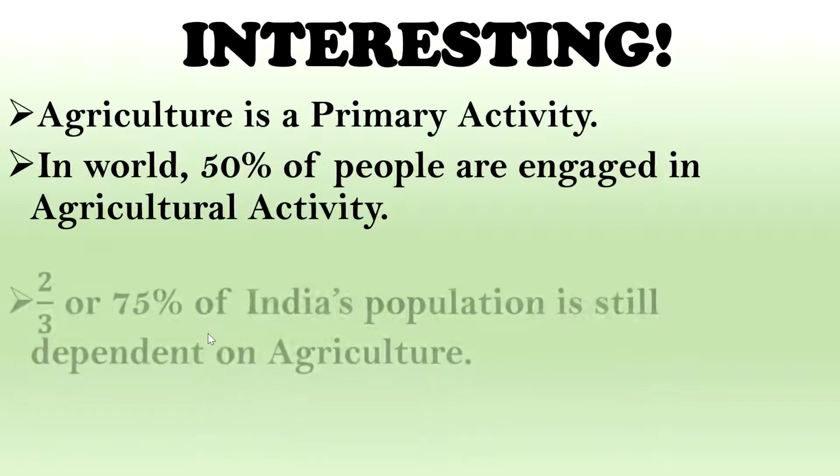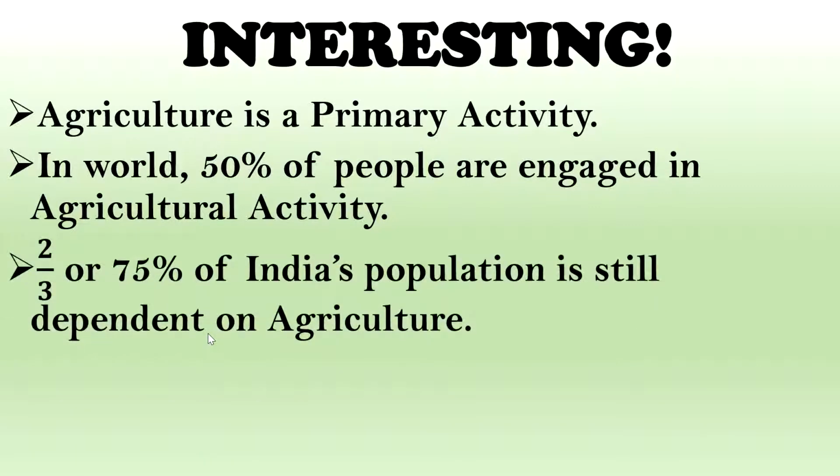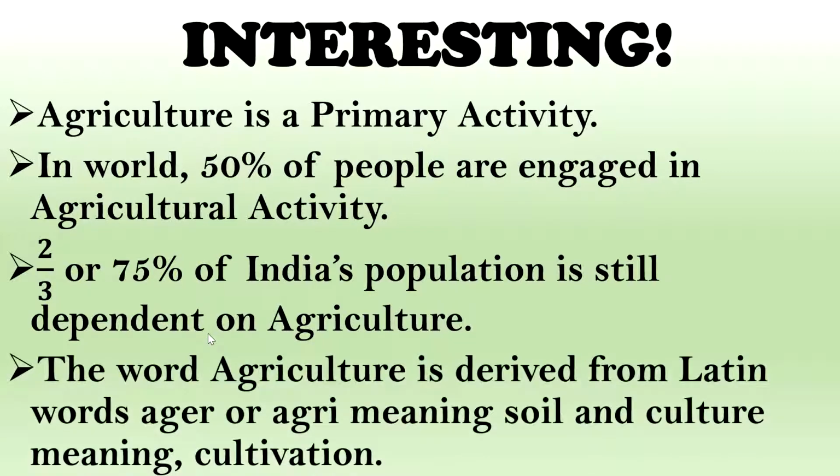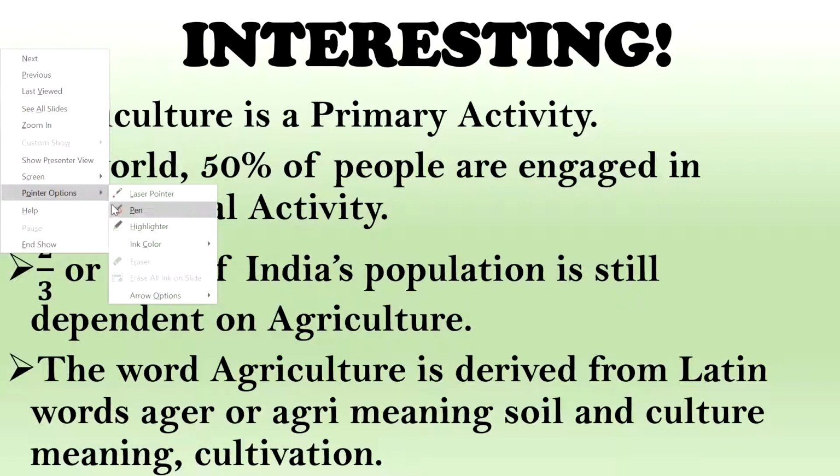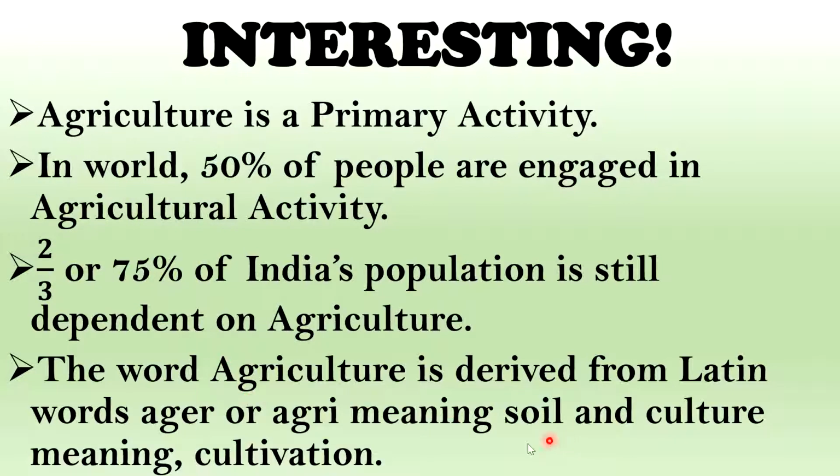Then, two-thirds or 75% of India's population is still dependent on agriculture, which is really very much. And the word agriculture is derived from the Latin words ager or agri, which means soil, and culture, which means cultivation.